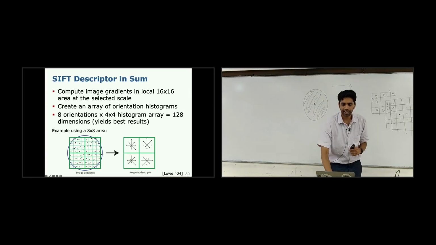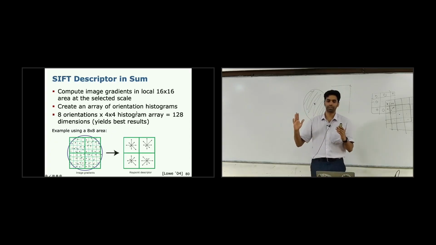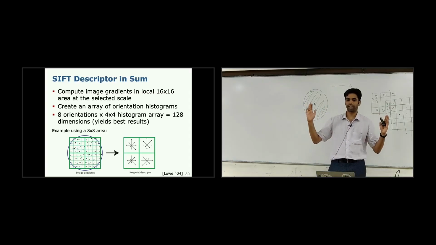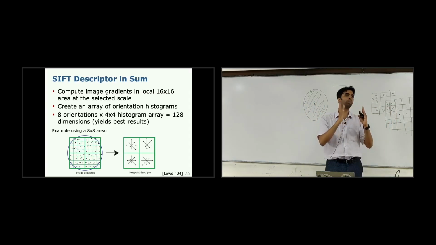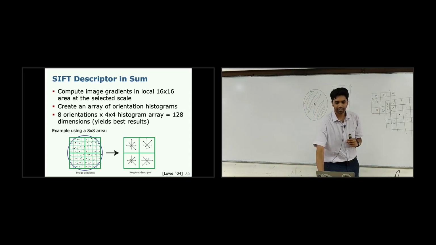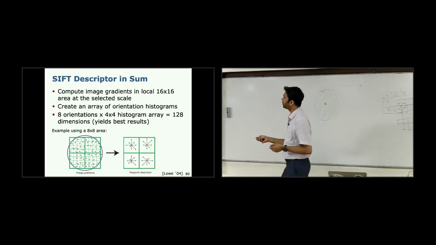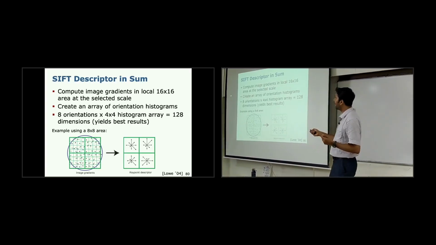Then you create an array of orientation histograms. So you compute the gradients. Gradients are the orientations. And then you create a histogram of that. So histogram is nothing but a count of the angles. So what's done in the SIFT descriptor is that you break up your bins into 8 orientations.